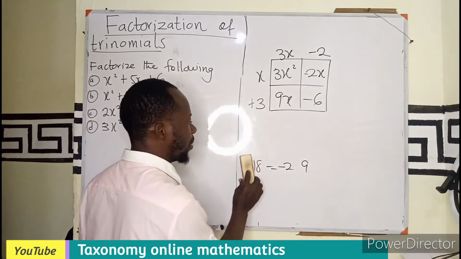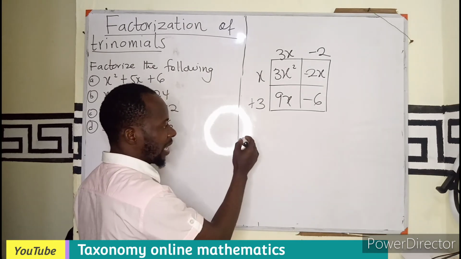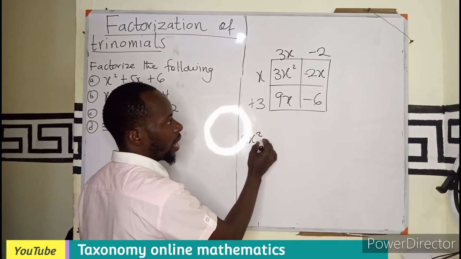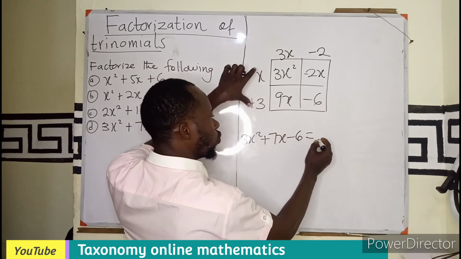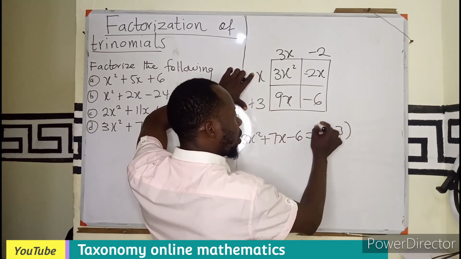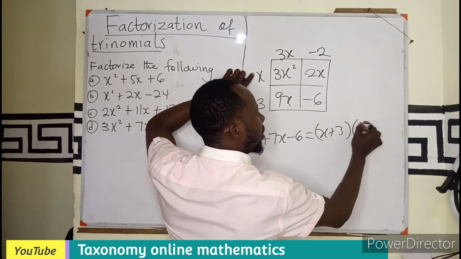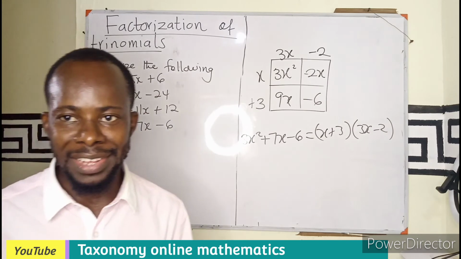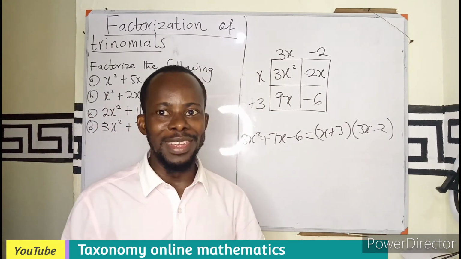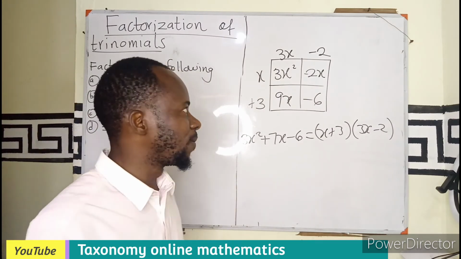So, as the box is being filled, our answer is just 3x squared plus 7x minus 6 equals x plus 3 in one bracket, 3x minus 2 in the other bracket. Voila! Congratulations for getting that answer correct.